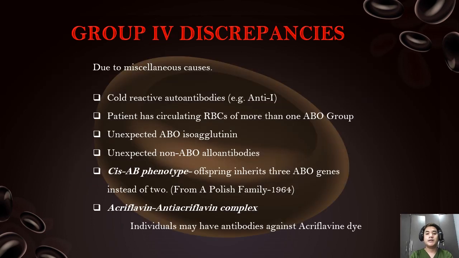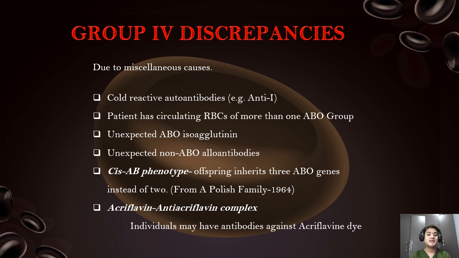Unlike the first three groups, your ABO group 4 discrepancies are basically due to miscellaneous causes, which include cold reactive autoantibodies, or when the patient has circulating RBCs of more than one ABO group, unexpected ABO isoagglutinin or antibody, and unexpected non-ABO alloantibodies.